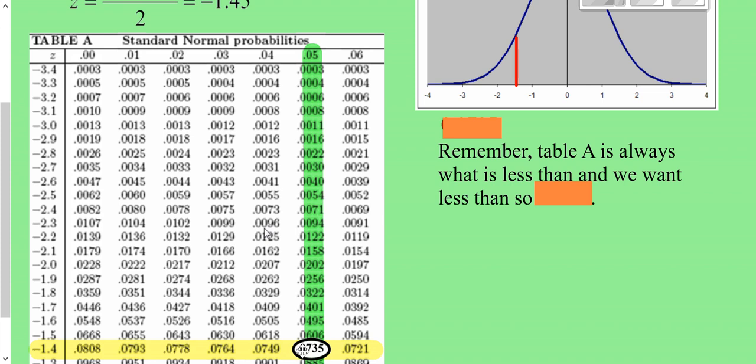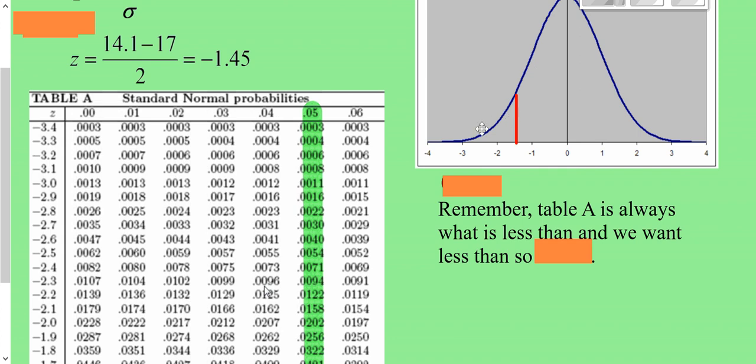That's what we're going to look at. 0.0735 of your data is to the left. That's in the shaded area here. Your z-score goes across the bottom, so about negative 1.45 is about here. So this little shaded tail has an area of this.